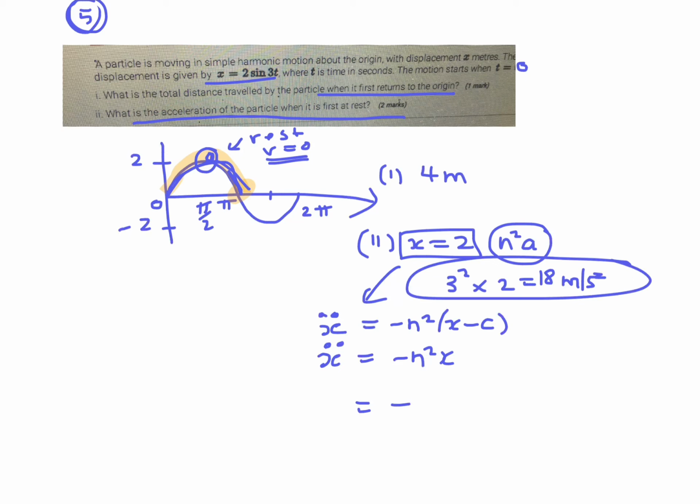That should be when x equals a. The acceleration at that point should actually be negative, so it would have been minus 18 meters per second squared. The acceleration is the concavity, and it's concave down, so it would have been minus. And n is 3, so it's 3 squared times a at that point is 2, so it's minus 18 per second squared.